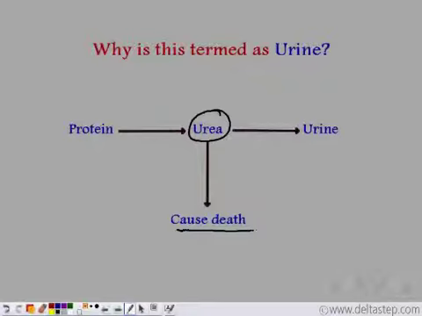So, kidney helps in flushing out of this urea out of the body in the form of urine. Urine comes from the word urea. So, urine is excreted out of the body.